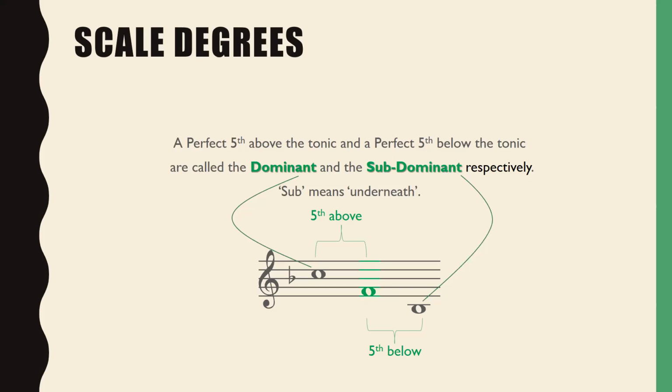Now, if we go a perfect fifth above the tonic and a perfect fifth below the tonic, we get two very important things called the dominant and the subdominant. So if we start on F and we count 5, F, G, A, B, C, a fifth above F is a C. That C we call the dominant.